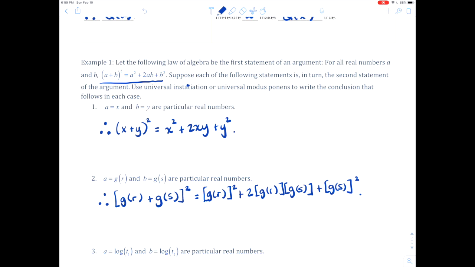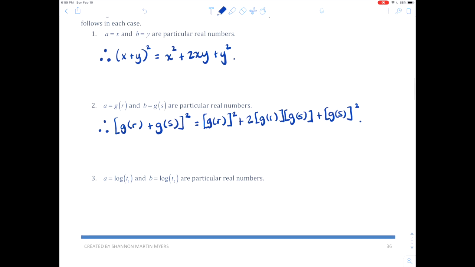Good, good. Alrighty, so now let's take a look at number 3. Now we've got a equal to log at t sub 1 and b equal to log at t sub 2. So now what do you think we should get for that? Very good.